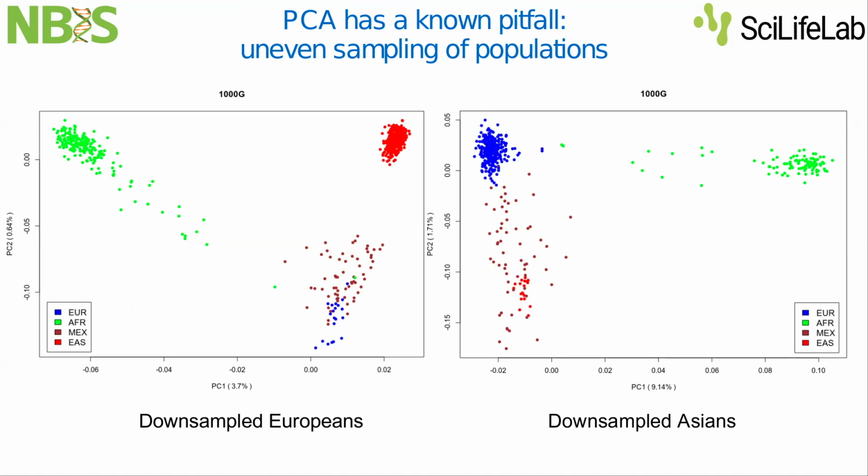If this type of interpretation is your research question, and you are using PCA for this projection, please keep in mind the sensitivity of PCA with respect to this uneven sampling.